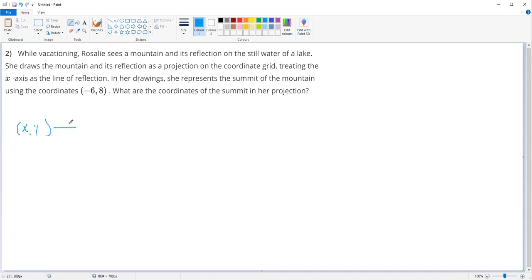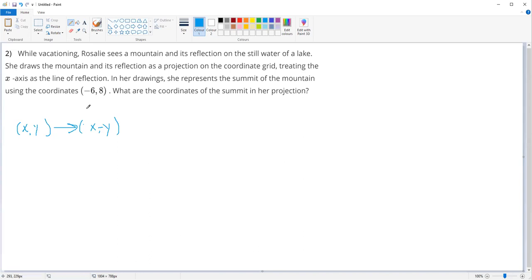It was going to be like this, and then the x-axis was the line of reflection, so that's going to be x comma y. X is the line of reflection, so what's that? That is now your algebraic expression. So plug that into it.